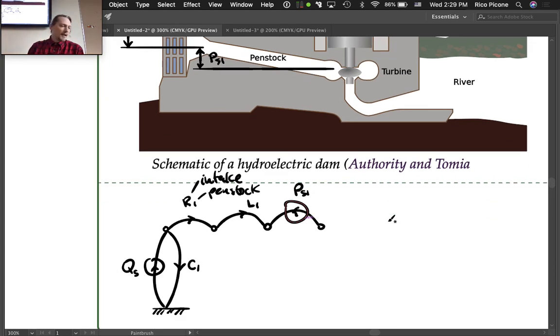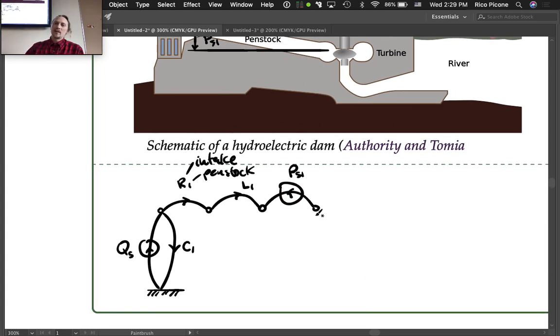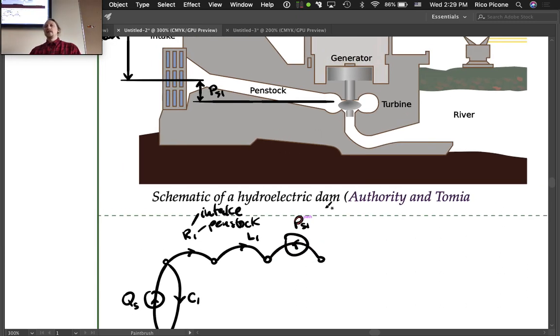Great. And then we're going to go through the turbine, right? So we've got this interaction with the turbine, and that's going to be the interface between the fluid system and the mechanical system. We're going to expand in the next lecture on what the turbine equations are, but it's clearly going to be a transducer of some sort that goes from fluid variables, so pressure and flow rate, to mechanical variables, so angular velocity and torque.